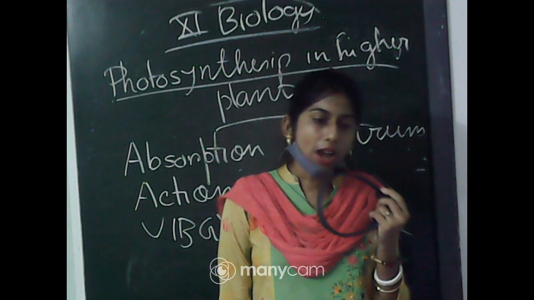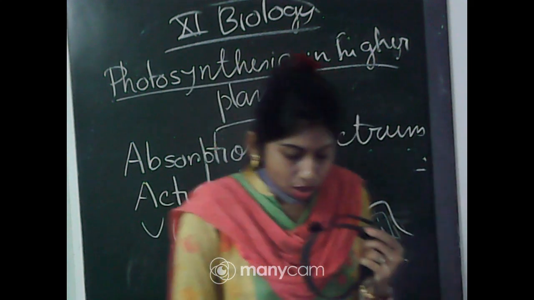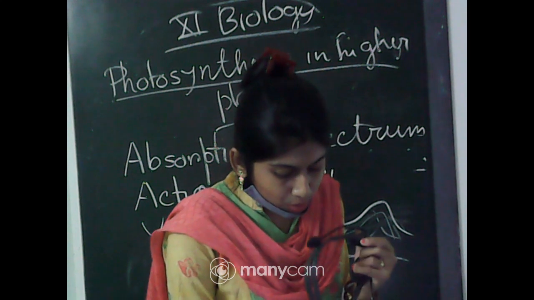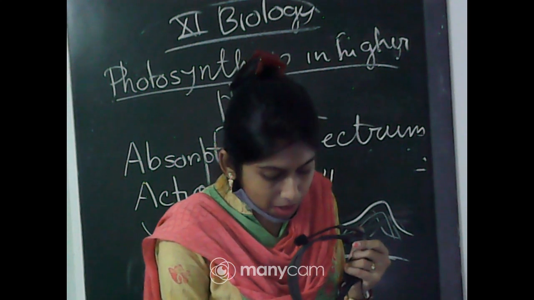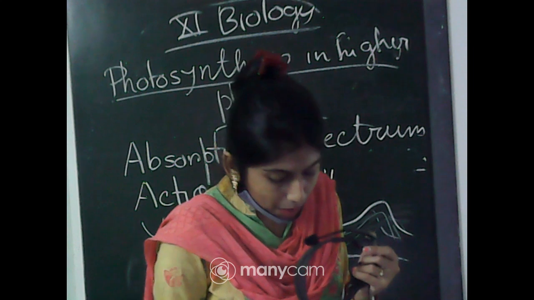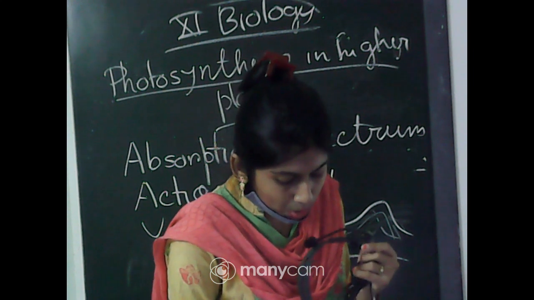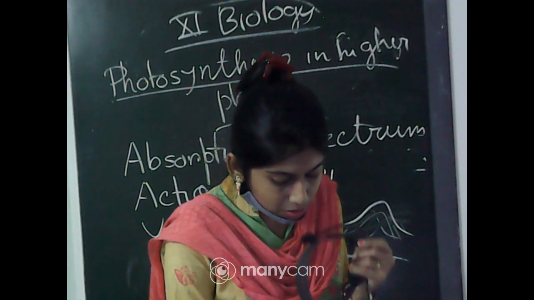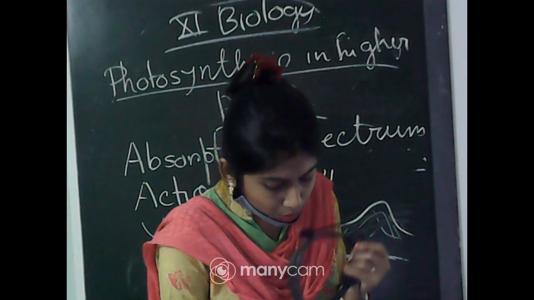In the last part we have taken only one chlorophyll pigment, that is chlorophyll A. So from these graphs we can conclude that chlorophyll A has maximum absorption power in the blue and red regions, and those two regions will show the higher rate of photosynthesis.